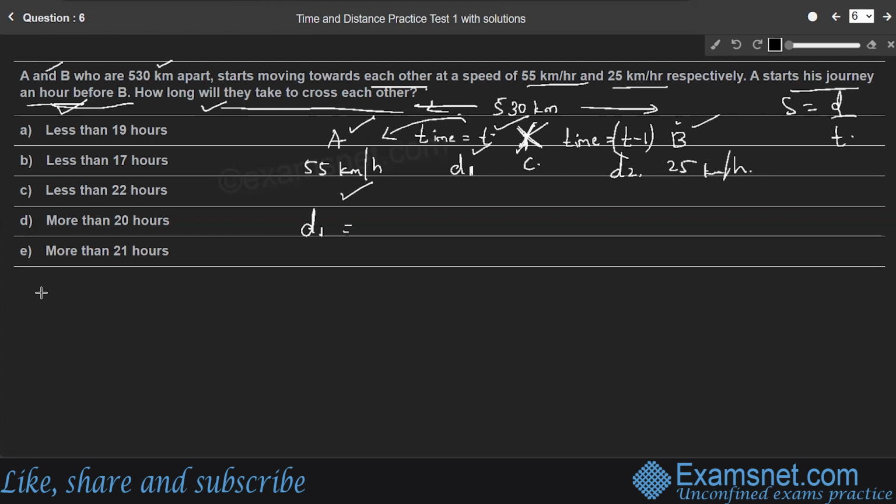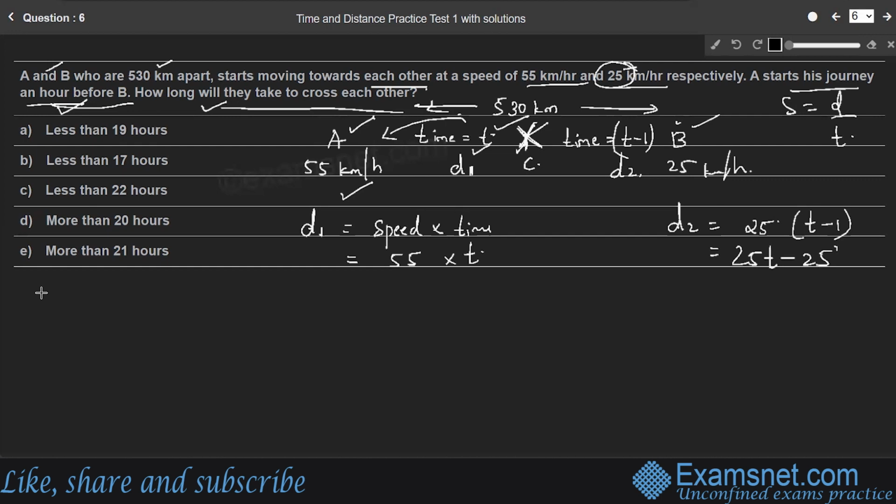So D1 is the speed of A into the time taken by A: 55 km per hour into T. Whereas D2, distance covered by B, is the speed of B, 25 km per hour, into T minus 1, which is 25T minus 25.